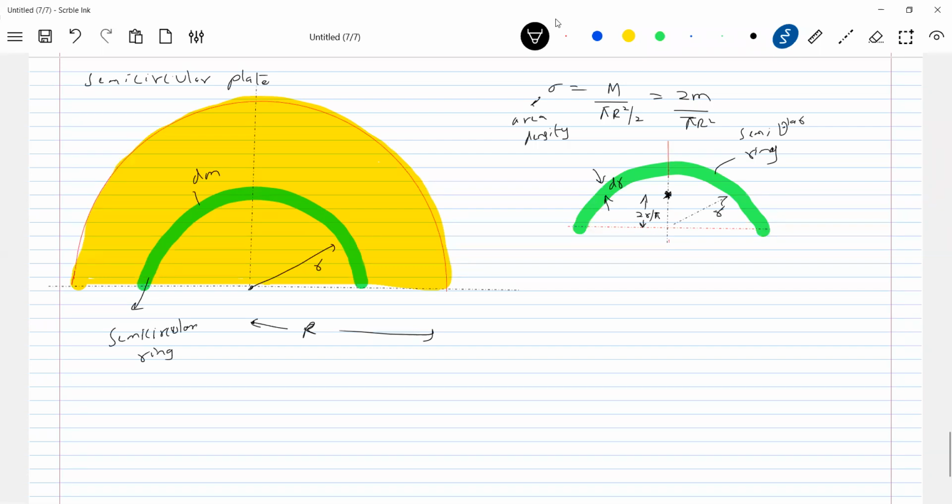dm is equal to, let's proceed, sigma into dA. What is the area of this strip? What should be the area of the strip, dA?